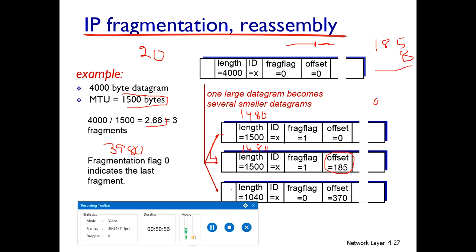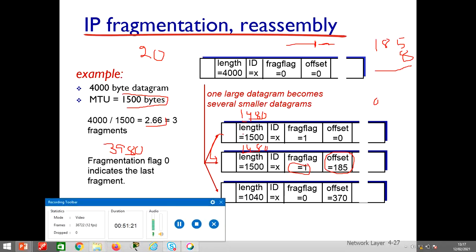So next we still have one more datagram because the fragmentation flag is set to 1. Now how will this be calculated? The total size was 3980. Out of 3980, 1480 and 1480 have already been sent through two separate datagrams.